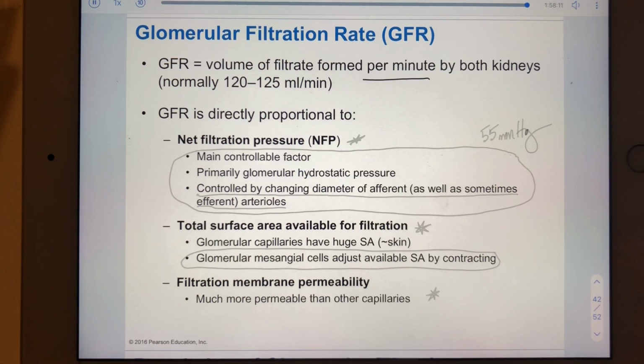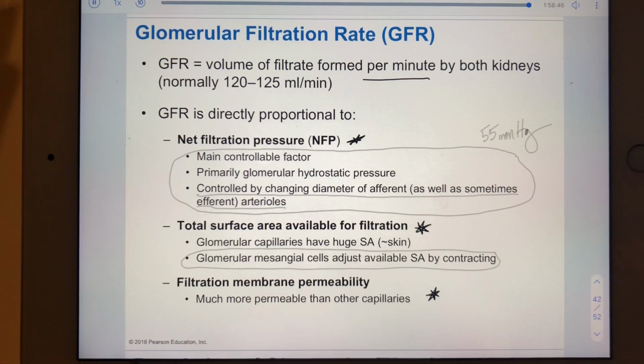And the main influences on glomerular filtration rate include net filtration pressure, okay? The total surface area that glomerular capillaries offer, okay? And the permeability of the filtration membrane.